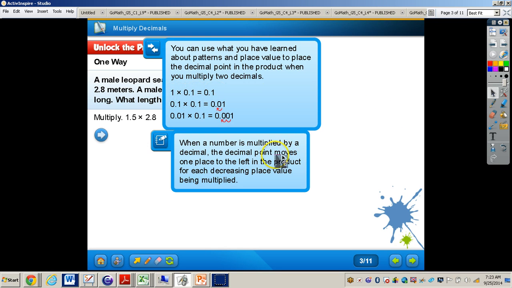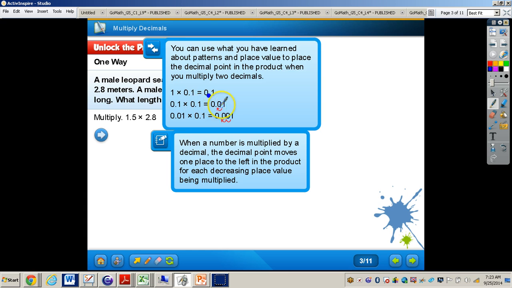The decimal point moves one place to the left in the product for each decreasing place value being multiplied. So we can see we have 1/10, therefore the decimal point moves one place to the left from that 1.